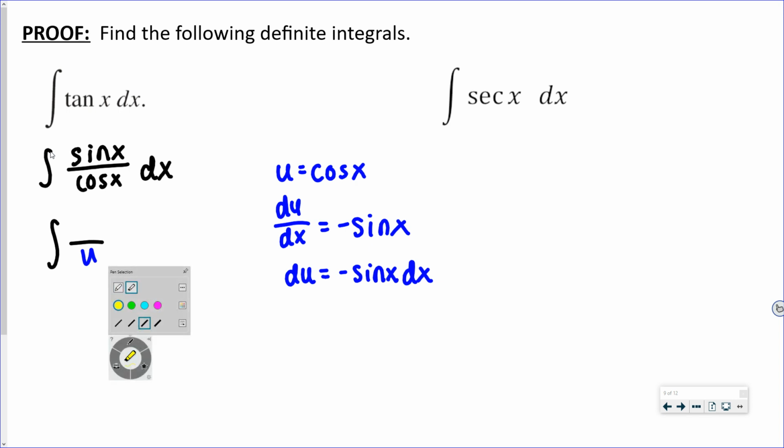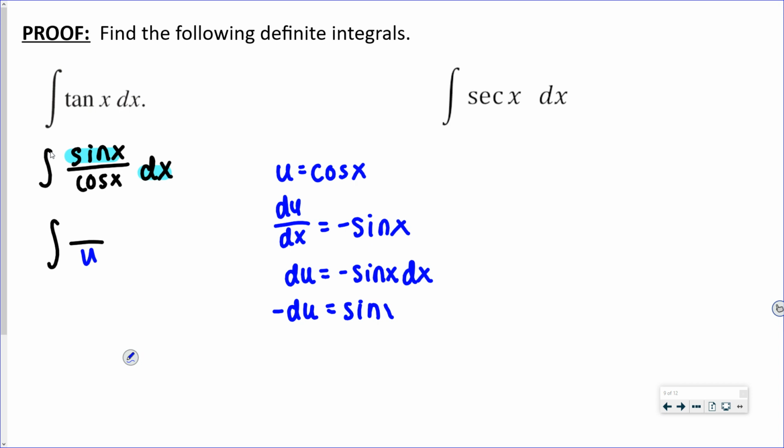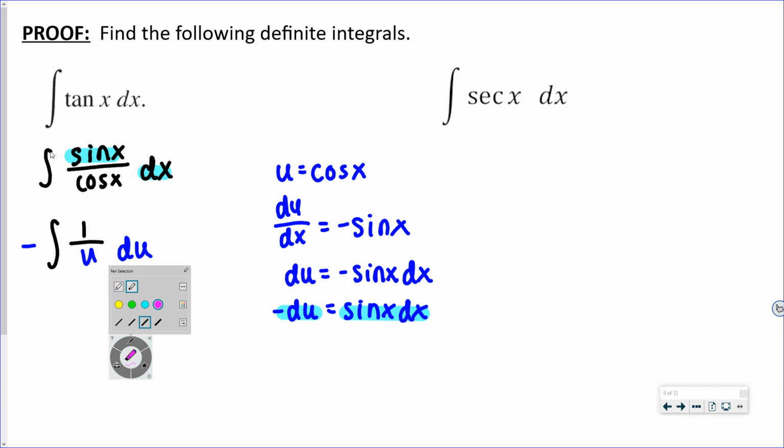And I'm like, okay, I see sine of x dx. That's good. So to get rid of that negative, I'd probably just divide it over and bring it out front here. Then we can substitute that in for negative du. Now put the negative out there.